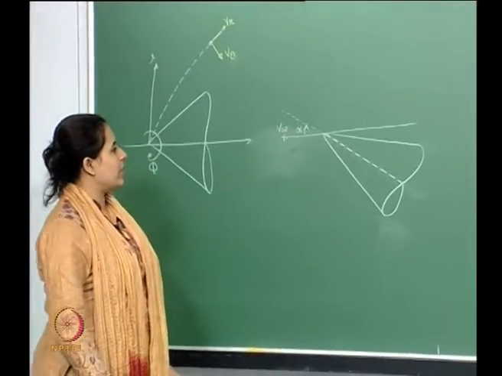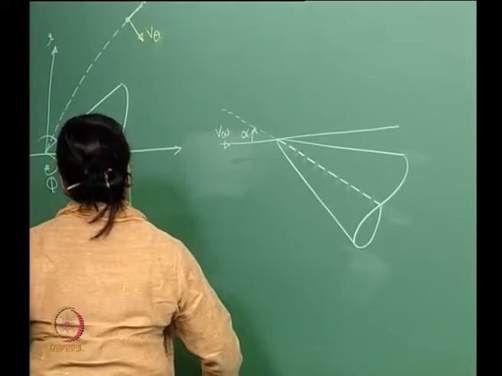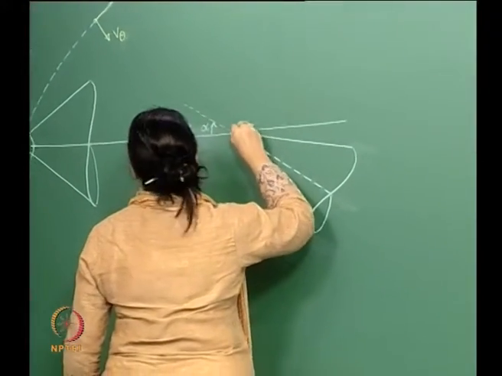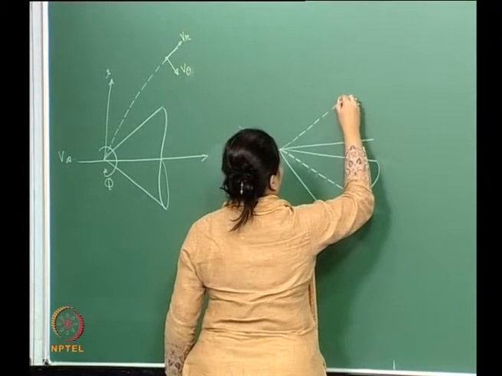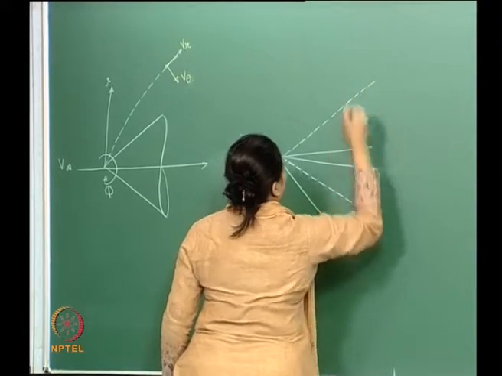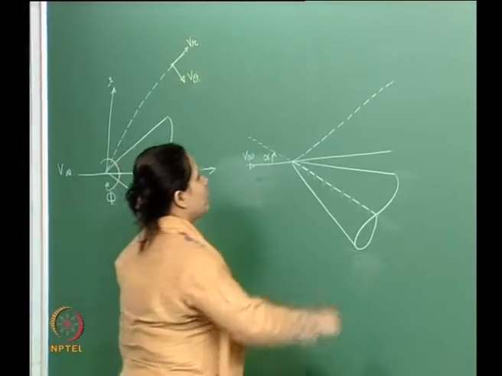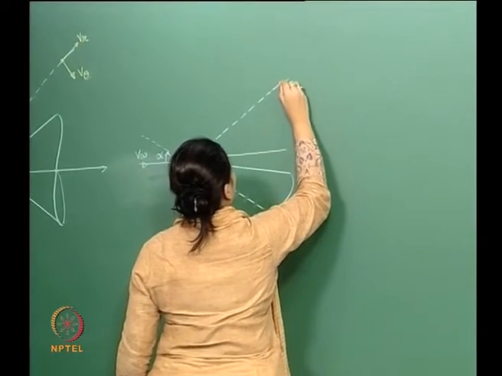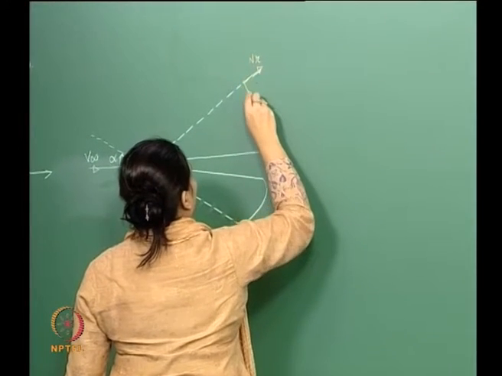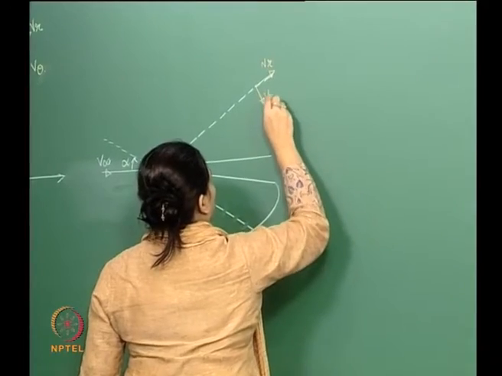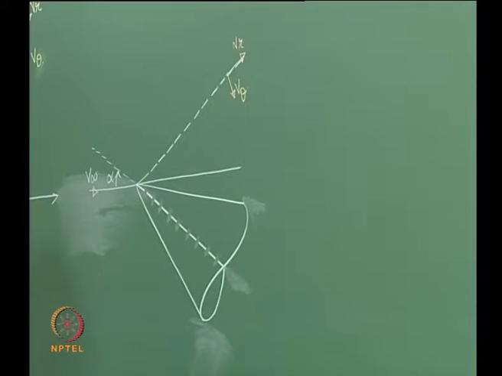Now, I will again draw a radial line. Say I draw a similar kind of radial line. Then what sort of velocities are we looking at? We are looking at v theta, but we are also looking at a v phi.